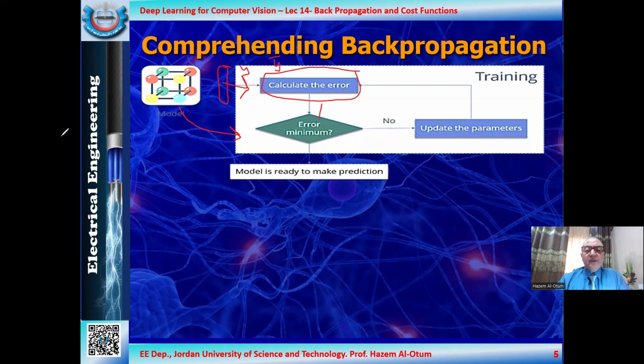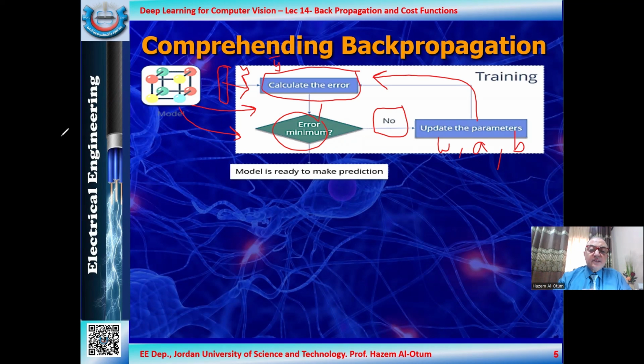Now we find whether the error is minimum. If the error is very low, or acceptable for you to stop working, you stop; otherwise you need to continue. If it's not a minimum, you go and update the values of the parameters like W, A, and B, and feed them back to the system and wait for the new output after the modification.